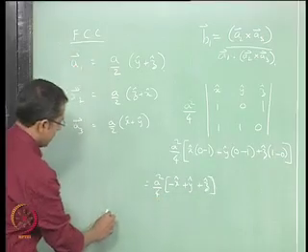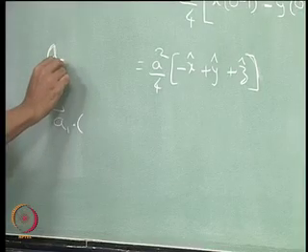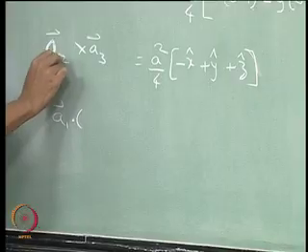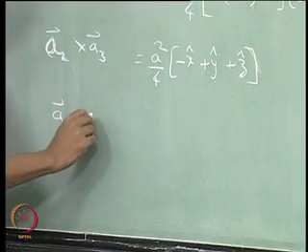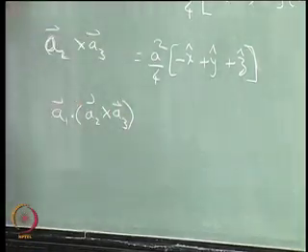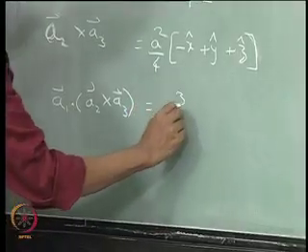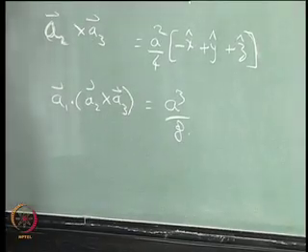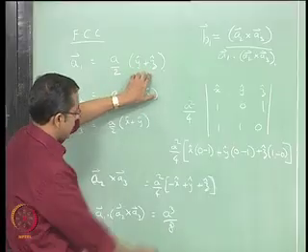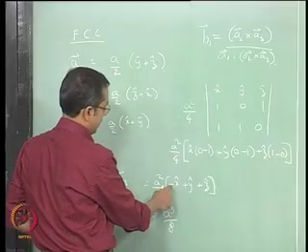So a1 dot a2 cross a3 is this dot product, which will become a cube by 8, and then we have y plus z, so it is basically 0 1 1, and we have minus 1 1 1.